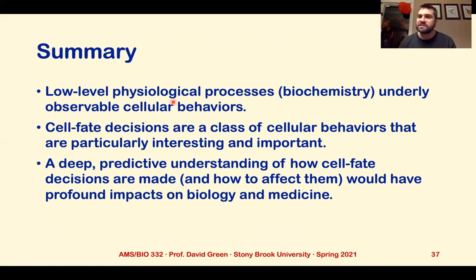These are the processes of metabolism, breaking down and building up molecules, of transport, of signal transduction, and gene regulation. These low-level physiological processes underlie cellular behaviors, including cell fate decisions, choices to move or not, to grow or not, divide or not, differentiate or not.